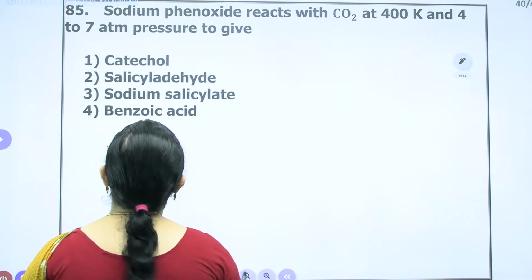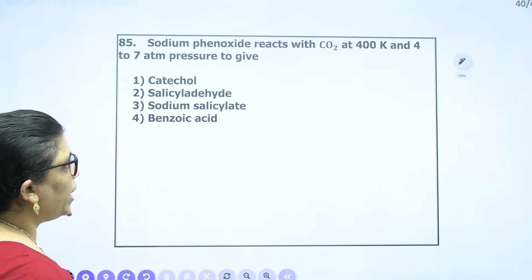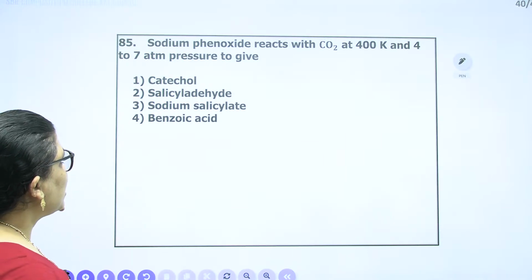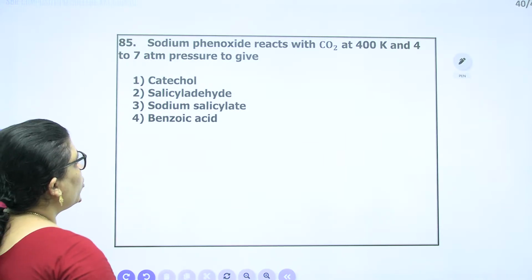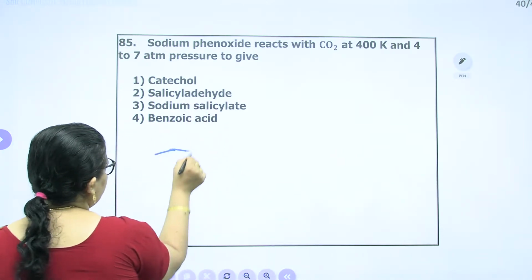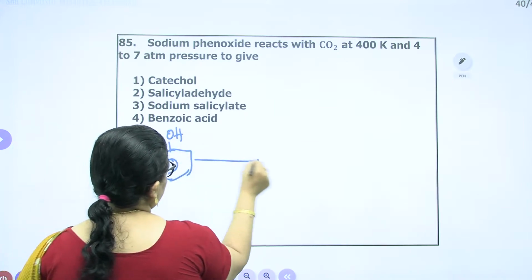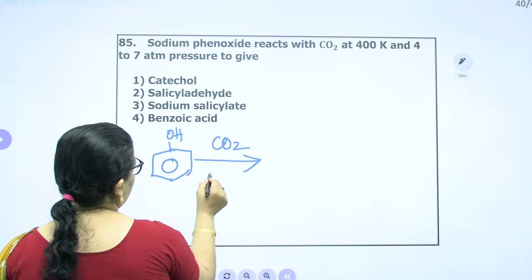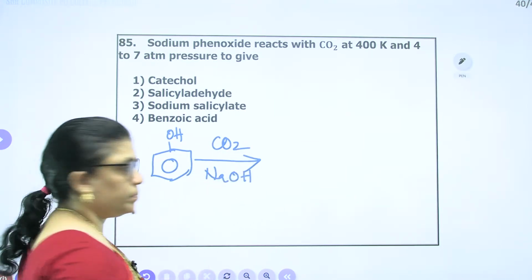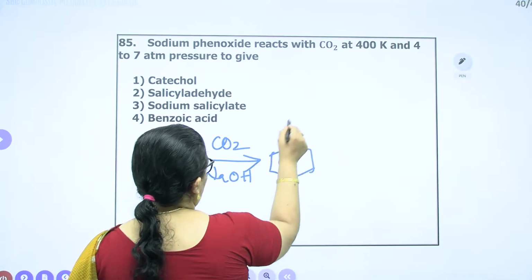Question number 85. Sodium phenoxide reacts with carbon dioxide at 4 to 7 atm. When phenol is treated with carbon dioxide in basic medium, rearrangement takes place to give a salicylate.